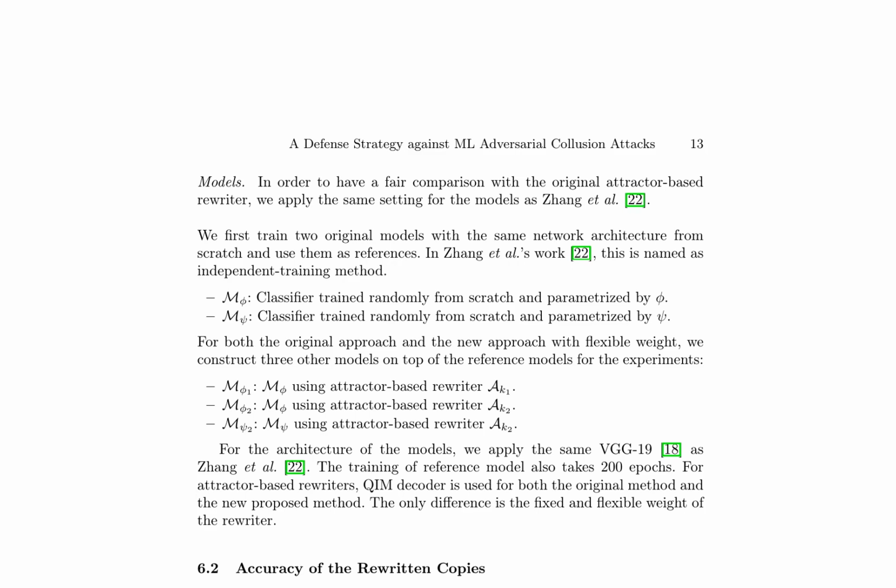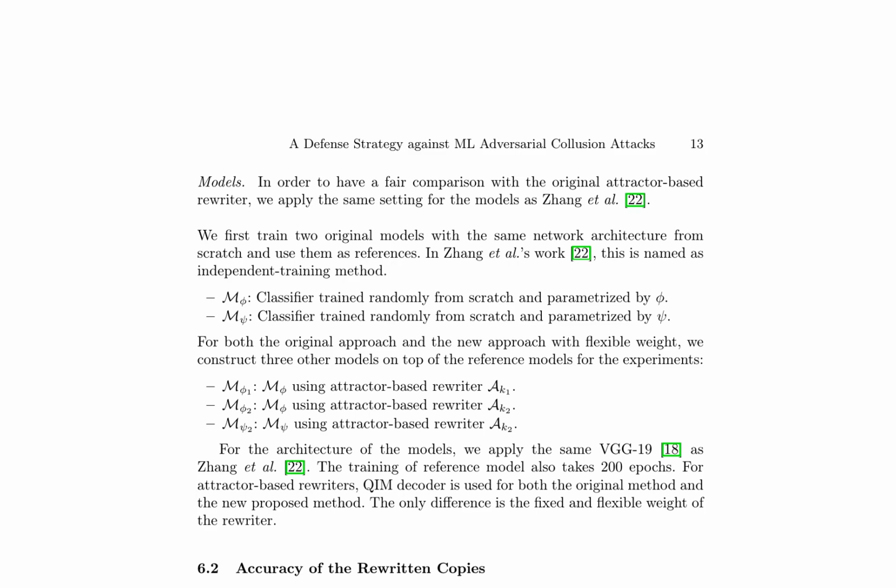In the realm of machine learning, a significant challenge arises in the form of collusion attacks, which exploit the distributed nature of model copies to launch stronger adversarial attacks. The existing state-of-the-art approach utilizes parameter rewriting with an attractor-based rewriter to distribute copies with different attractors, resulting in non-replicable adversarial samples across copies.